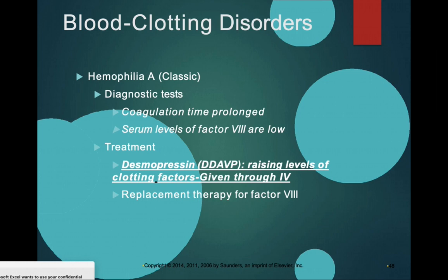And they look at serum levels of factor 8, and they just look to see if they're low. If they are, then they give this treatment of desmopressin. Sometimes it's referred to as DDAVP, desmopressin. It raises the level of clotting factors, and this is typically given through IV. Okay, desmopressin given through IV. It raises the clotting factor.